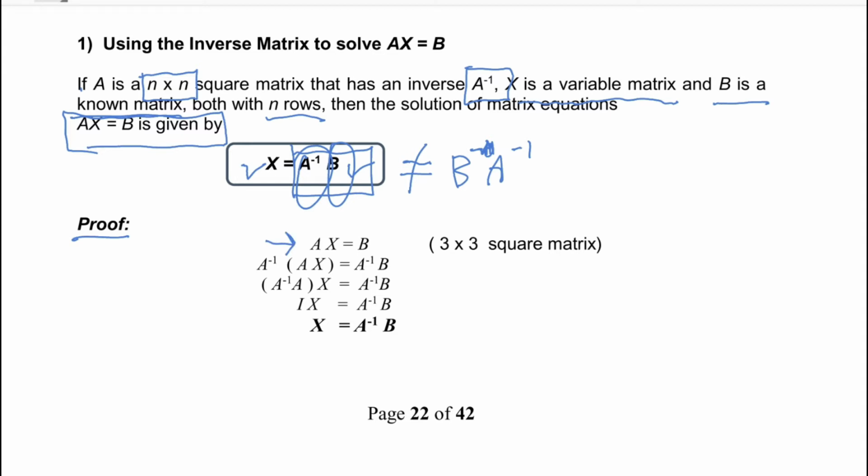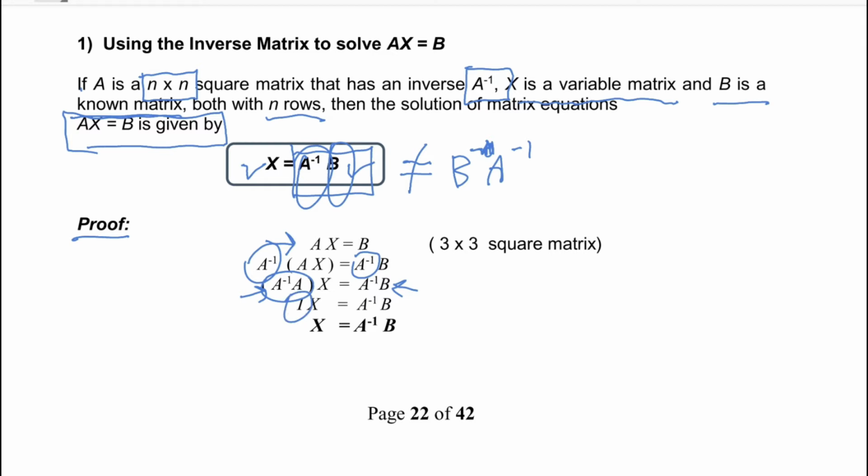Here is the original equation, AX equals B, which is a 3 by 3 square matrix. Now you multiply both sides of the equation with A inverse to balance the equation, and then you will have on your left A inverse A X equal to A inverse B. Then you have learned also before, A inverse, when you multiply it with A, you will get the identity matrix.